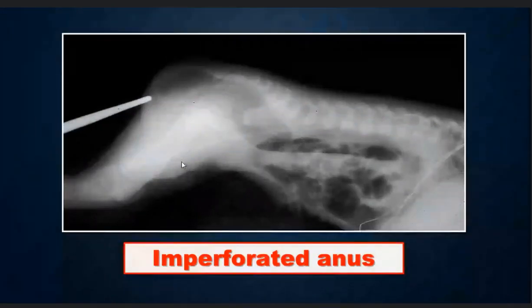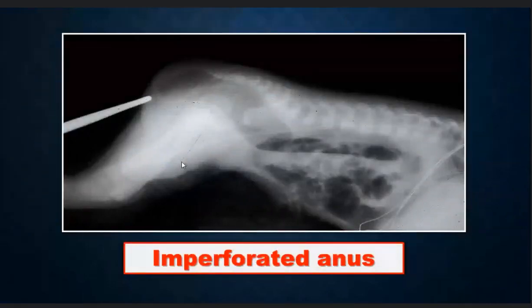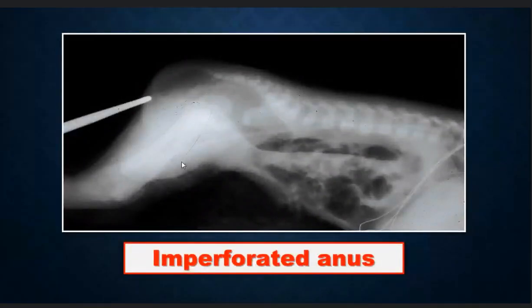Shahid Yaqoub. What is the management of low type imperforate anus? How do they treat it? Correction. Yes, but how? Surgical correction. I don't know.